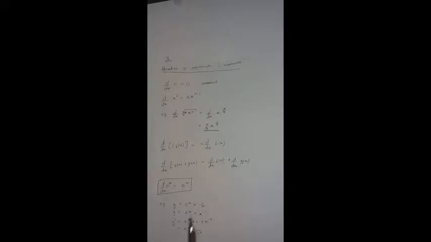Hence, you can rewrite 1 over x as x to the power of -1, and then the differential becomes exponent of x, because exponent of x does not change. Then you bring this -1 down, then you subtract another 1, which makes it -2. Hence your differential is exponent of x minus 1 over x squared.